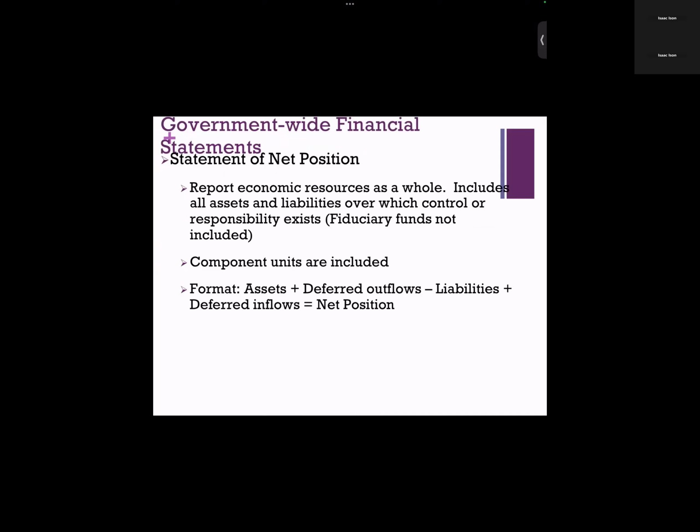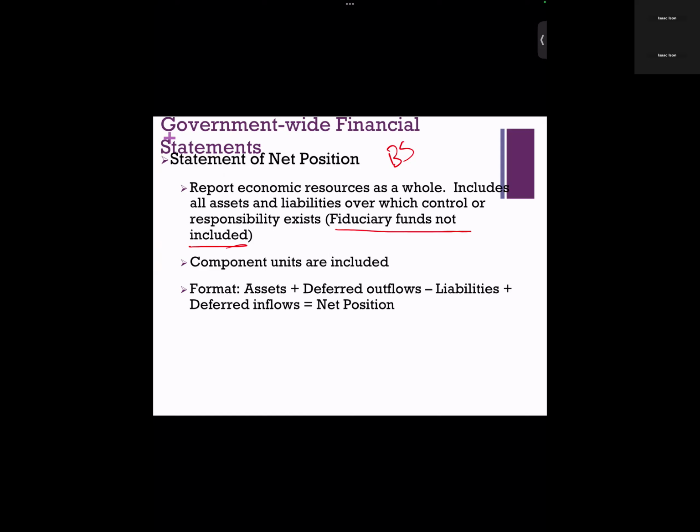All right, so the government-wide statement of net position. Think of this as a balance sheet. We're going to report economic resources as a whole, including all assets and liabilities over which control or responsibility exists. Recognize the fiduciary funds are not included in the statement of net position, because that's not our money; that's just money that we're acting as a fiduciary for.